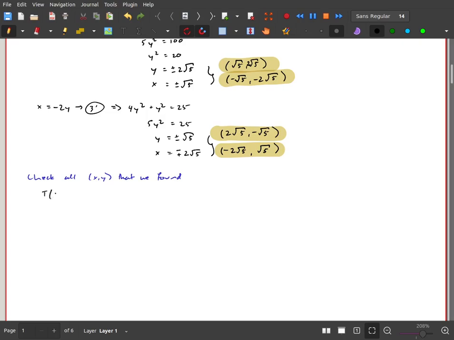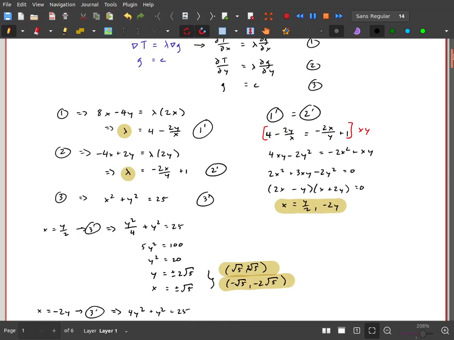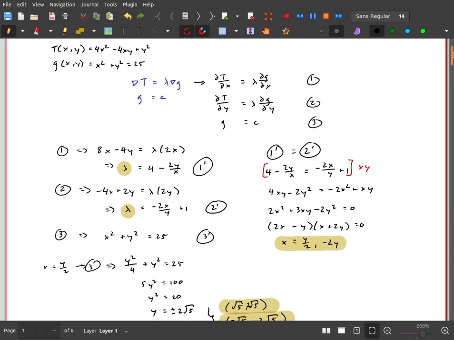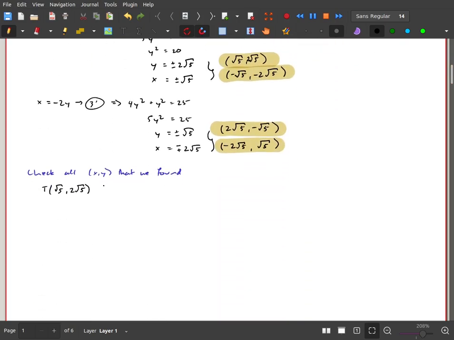So let's look at root 5 and 2 root 5. So let's take a look up here. That will be 4x squared minus 4xy plus y squared. So that will be 4 times root 5 squared minus 4 times root 5 times 2 root 5 plus 2 root 5 squared.